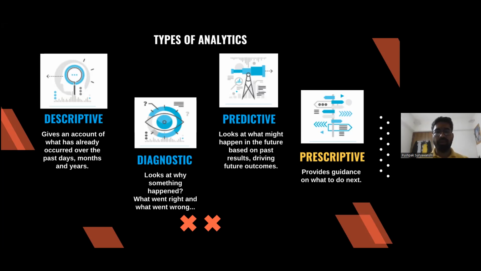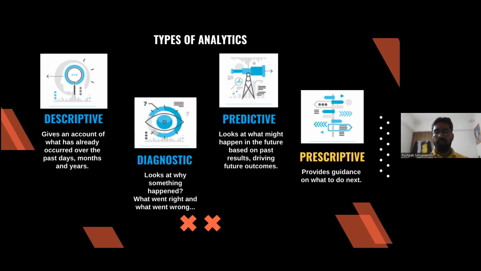Next is predictive analytics. Predictive analytics tells us what might happen in the future based on the current trends. So it is all about making predictions about future events. And the last one, which we'll see in detail today, is prescriptive analytics. Prescriptive analytics is all about providing recommendations on what to do based on data.